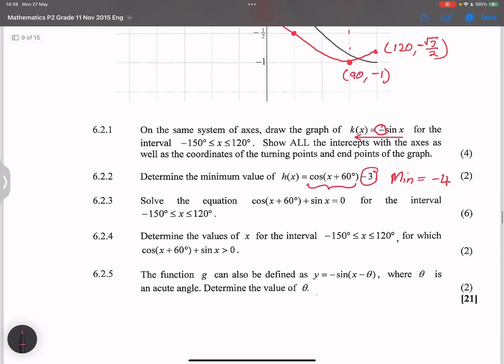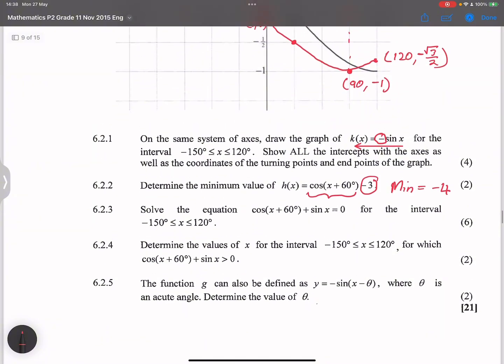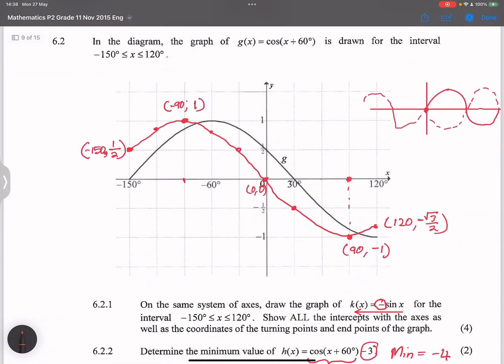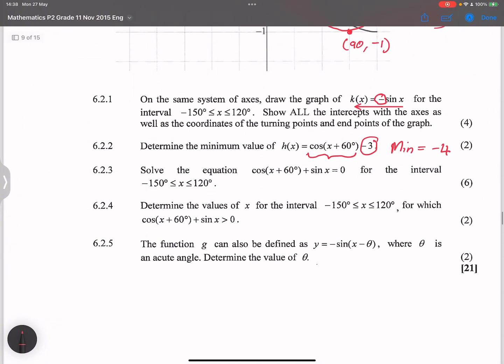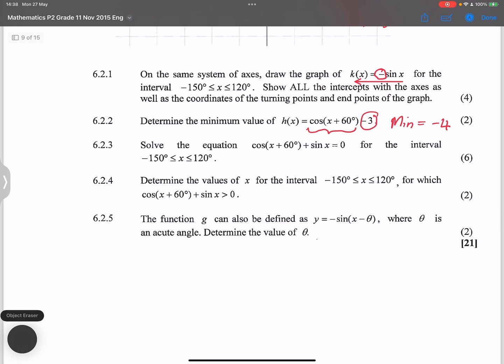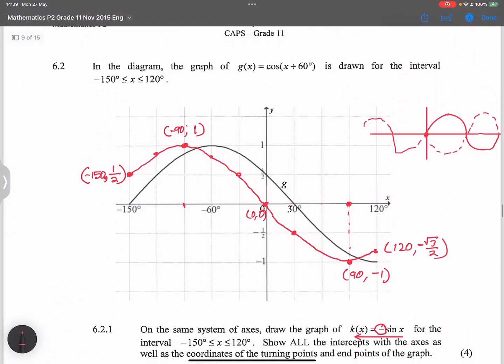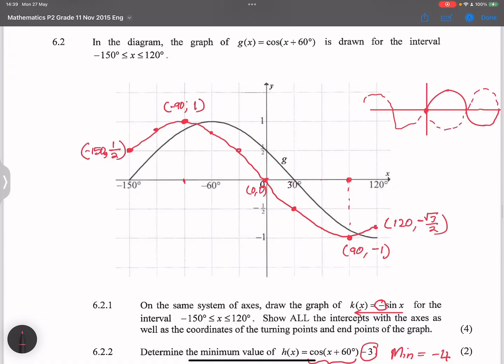Now, ladies and gents, of course we can look at where our graphs intersect each other, but to try and find that value, we're going to now say cos of x plus 60 is equal to negative sine of x, right? So essentially what we are saying is, where is the graph of k of x equal to g of x, right?